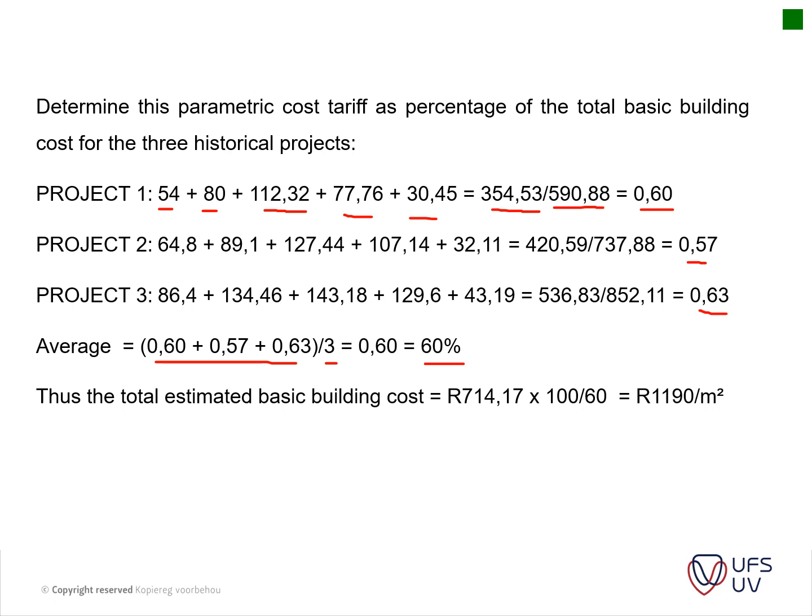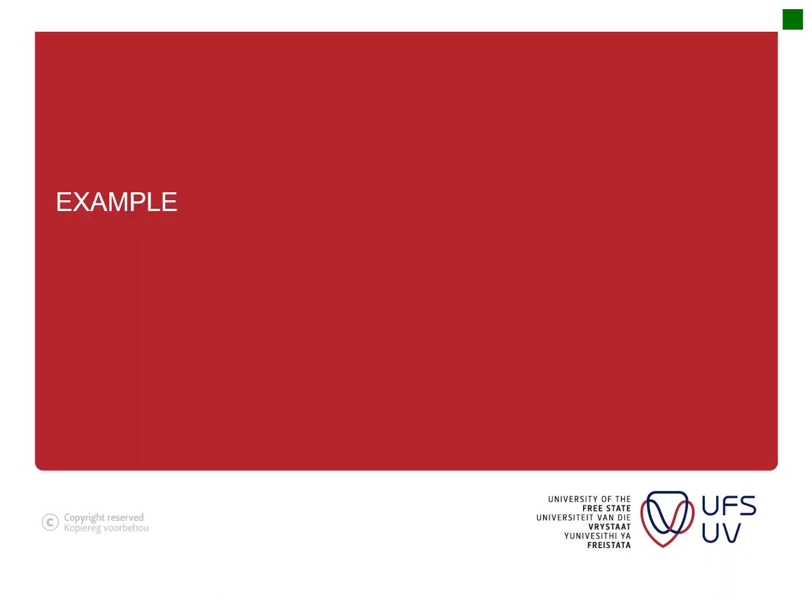Now you take your estimated building cost of 714 Rand and 17 cents, which we calculated earlier on, and you extrapolate it, if you want to use the correct term, basically you build it up to your total cost, which is 100 over 60, and you get your new estimated cost per square meter using the parametric system. Okay, I think that will make sense.